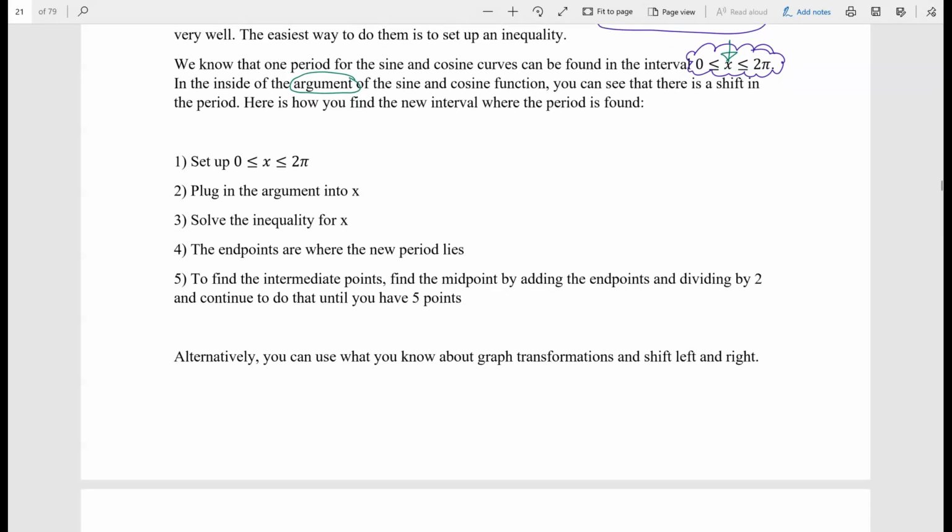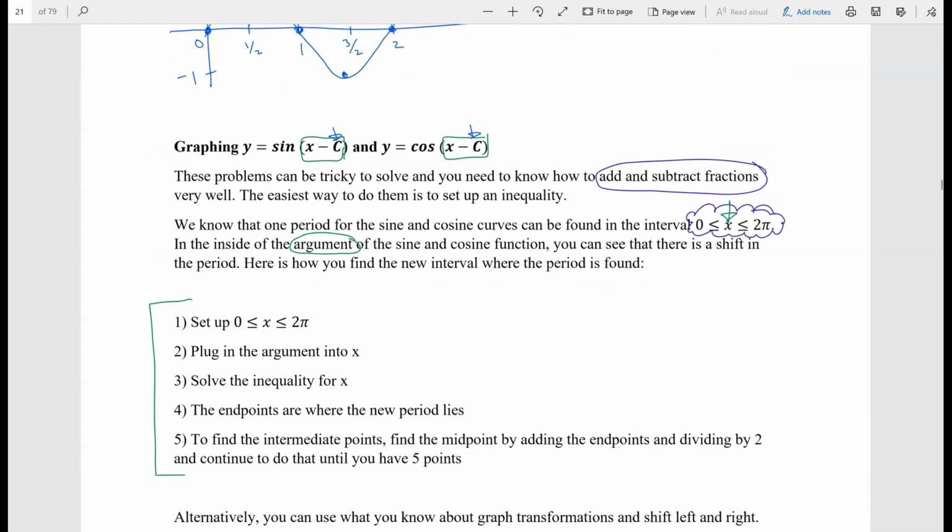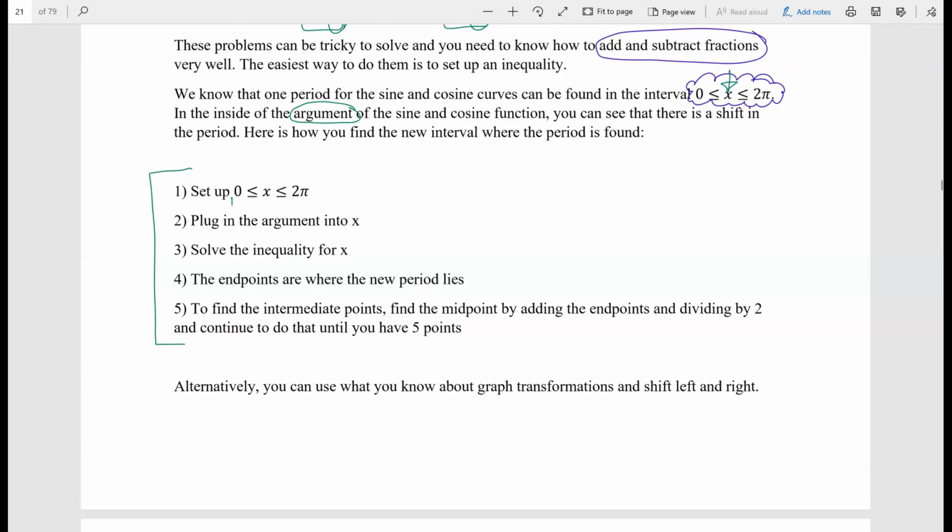So here I gave you a couple of steps. If you have a c value like this, and you're shifting the sine and the cosine function, all you've got to do is set up this inequality first. Put whatever the argument of the cosine or the sine is into the value of x. Solve the inequality for x. That's step 3.